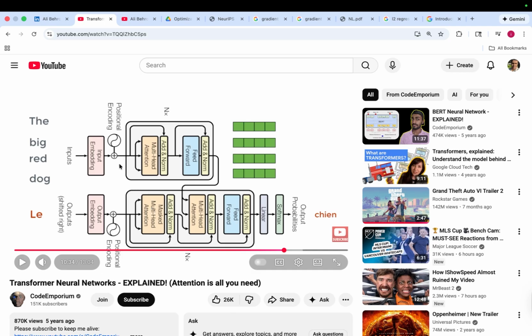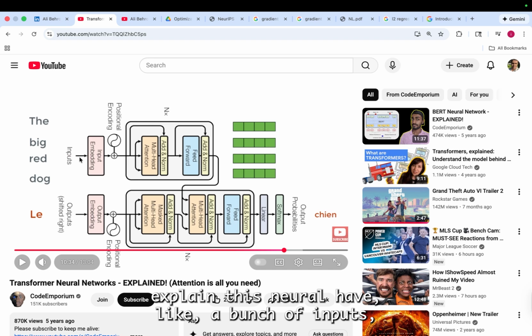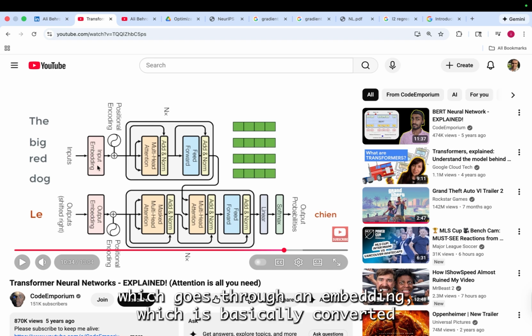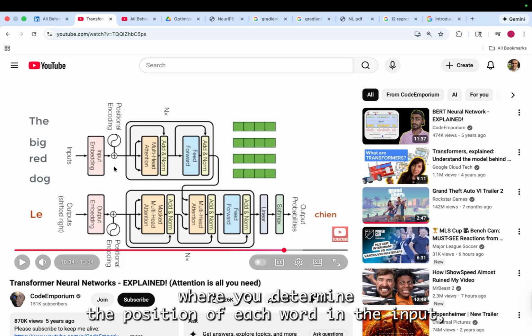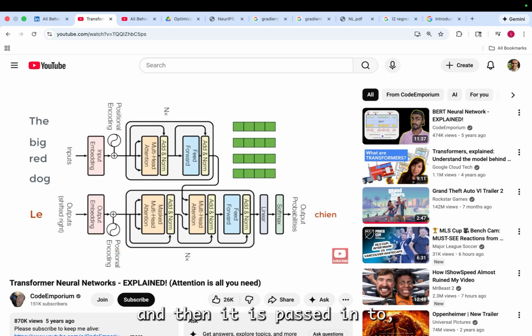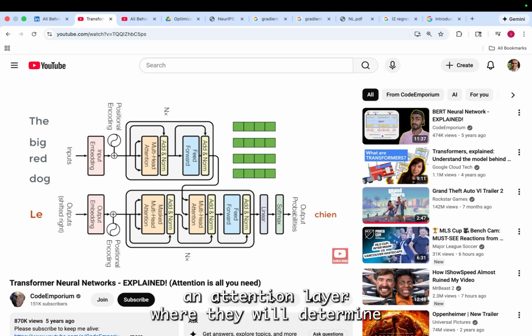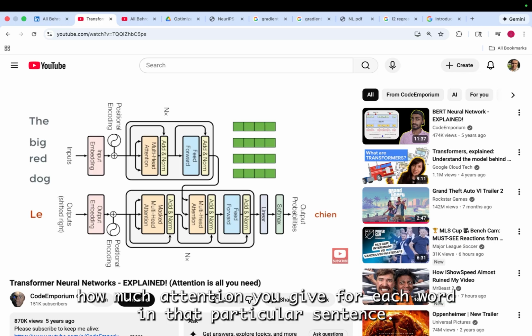explain this, you will have a bunch of inputs which goes through an embedding, which is basically converted into embeddings along with positional encoding, where you determine the position of each word in the input, and then it is passed into an attention layer where they will determine how much attention you will give for each word in that particular sentence.